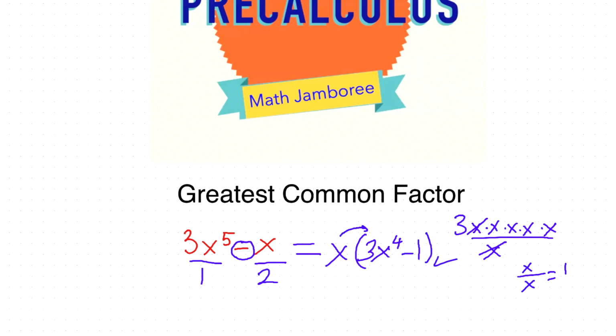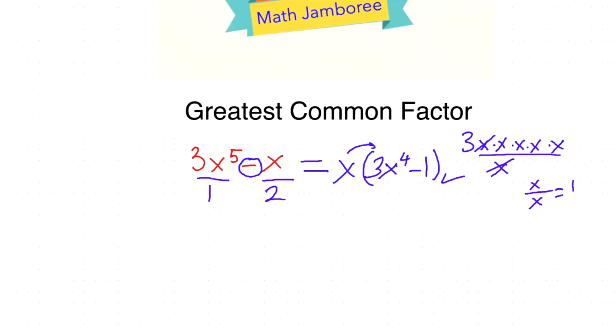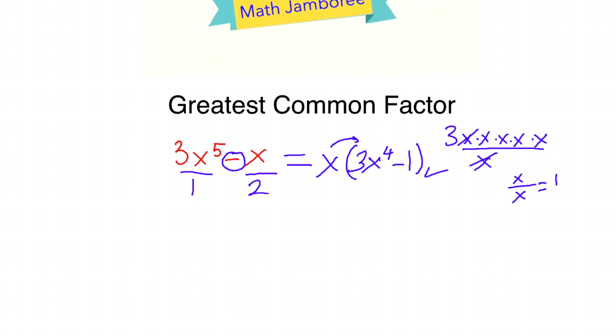In this part of the video, I'm going to give you another example. If you like, you can go ahead and pause the video and try to solve it on your own. Let's try some other examples. In this case, let's not use x as a variable, let's use y.